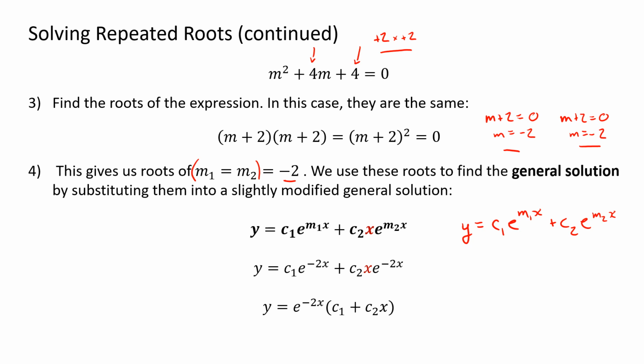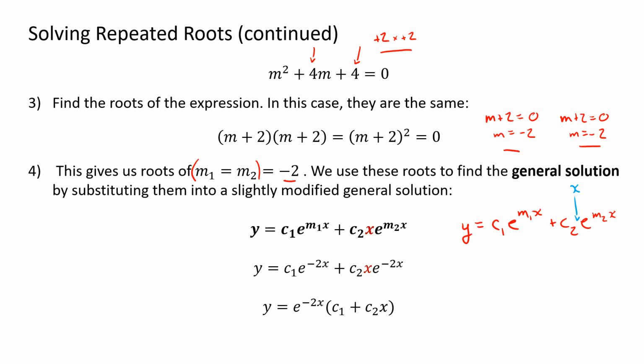Now we've added this x term in here, okay, which you can see I've color coded to make it a little bit easier. So the reason for this is, remember back to when we talked about integration by partial fractions. When we had repeated roots, we had to add an x like this. And the reason that we have to do that is so that these can be distinct, right? It's not the exact same function, they're different functions.